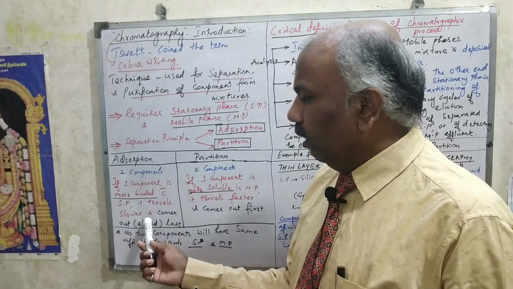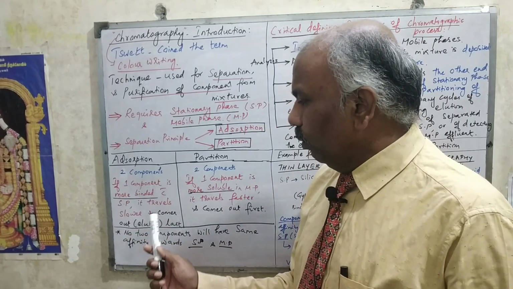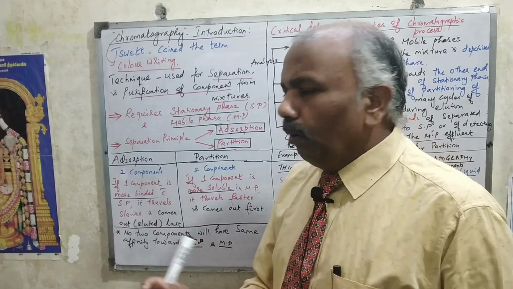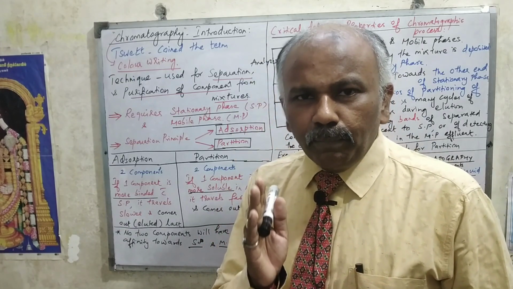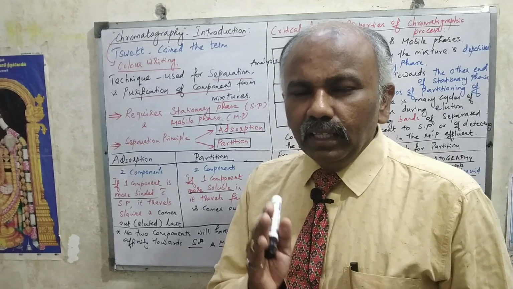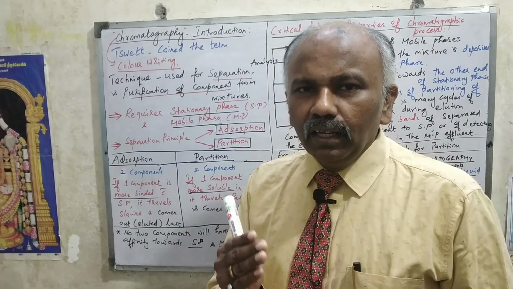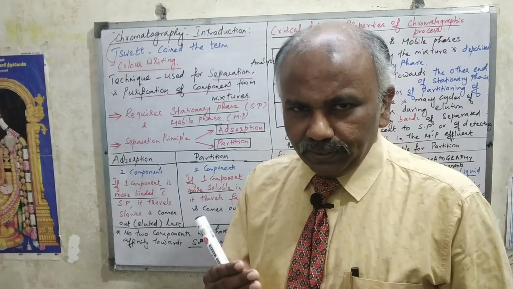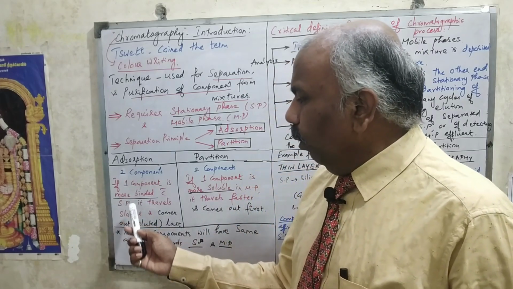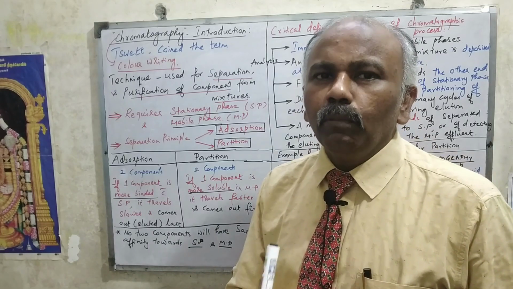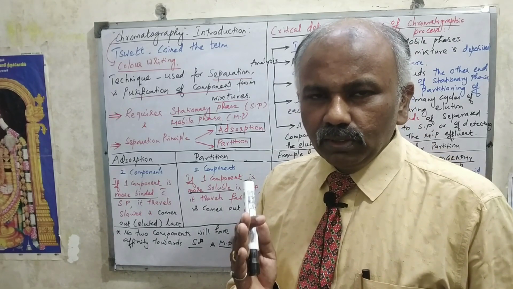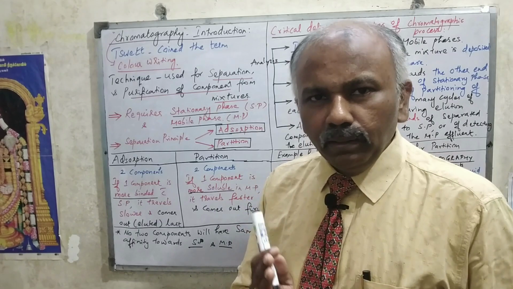Basically, the elution of the compound will be very slow, right? Whereas if the component has lesser affinity or lesser binding towards the stationary phase, then it will move faster and be eluted, or come out, first. And no 2 components will have the same affinity towards the stationary phase and the mobile phase, right? This is one of the important aspects one should keep in mind.